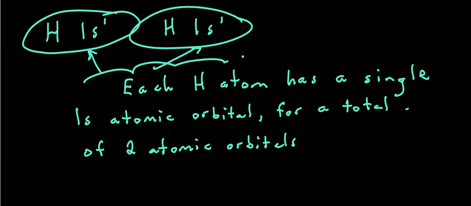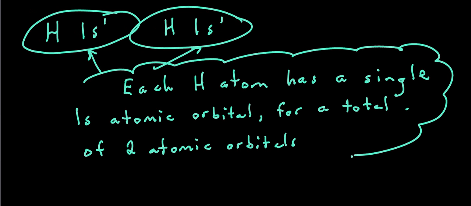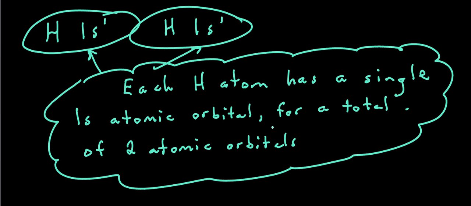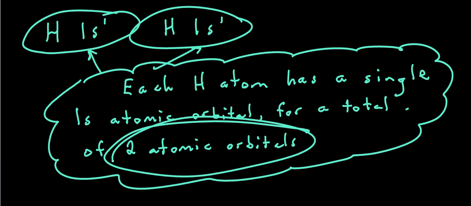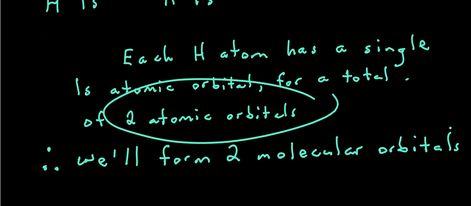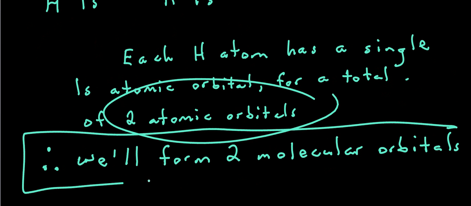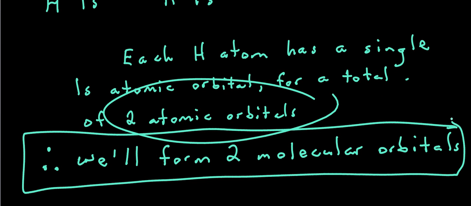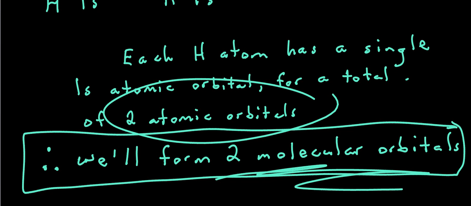This indicates that each hydrogen atom has a single 1s atomic orbital, which gives us a total of 2 atomic orbitals as we prepare to make an H2 molecule. In molecular orbital theory, the number of atomic orbitals that we have adds up to give us how many molecular orbitals will get formed. Since we have 2 atomic orbitals, we're going to form 2 molecular orbitals as we move forward to make our H2 molecule.